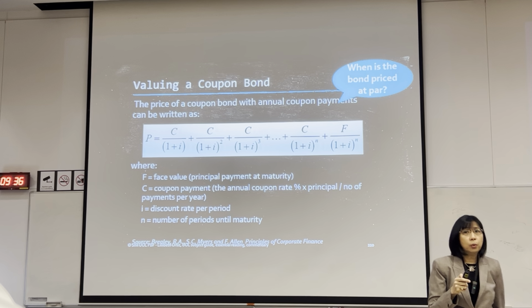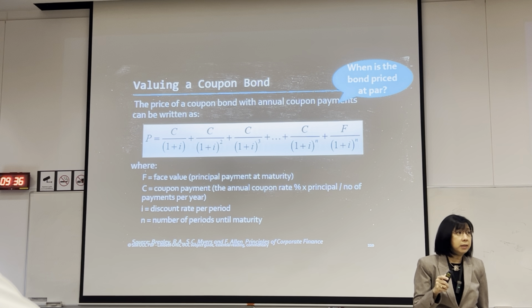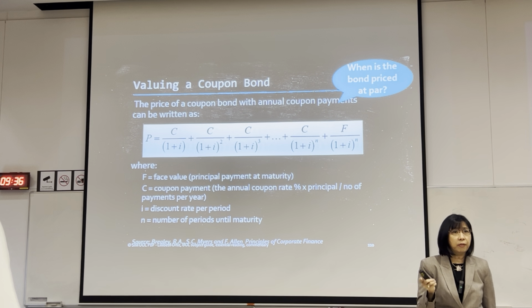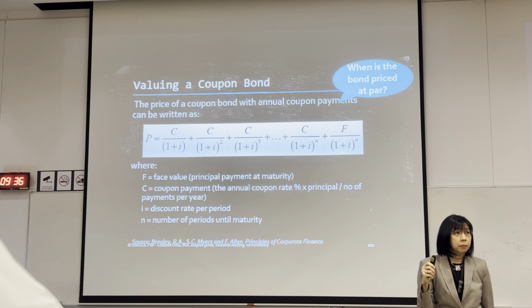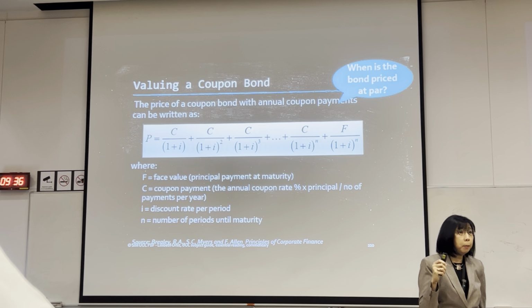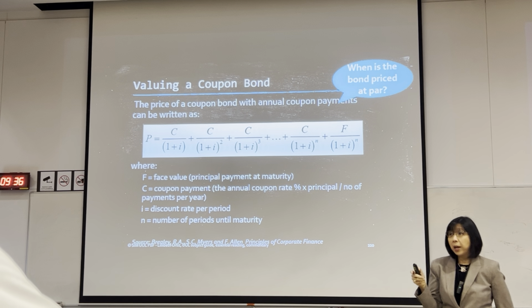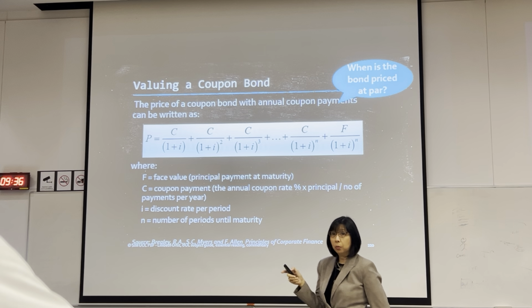Now the question for you is, when is the bond priced at par? When you say at par, the price of the bond equals its face value. In our example, 1,000. When does that happen? That the bond price is the same as its face value.